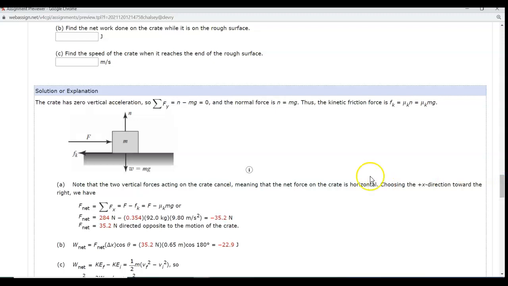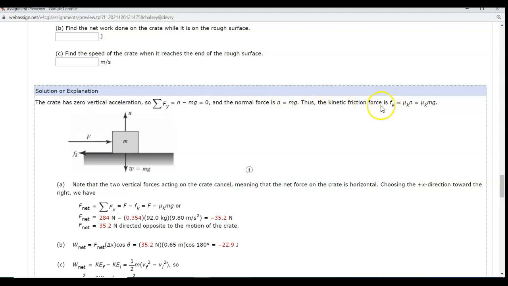The crate has 0 vertical acceleration, so the sum of the forces in the y direction is equal to the normal force minus mass times gravity. Now that's set equal to 0, and the normal force is equal to mass times gravity.